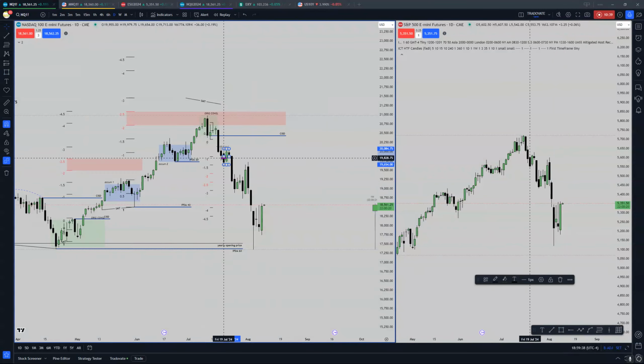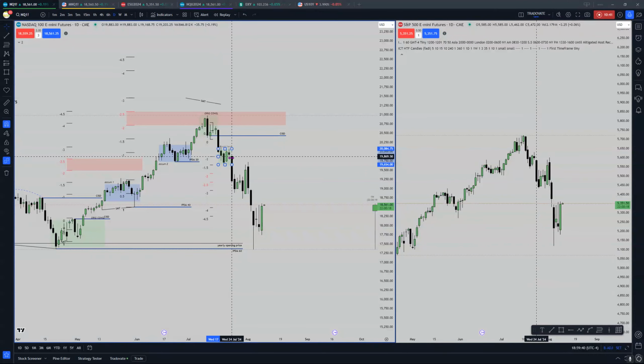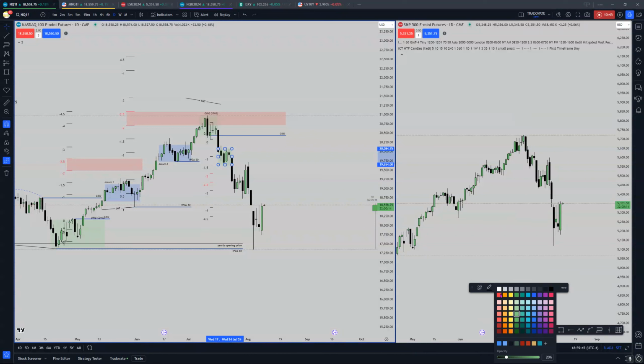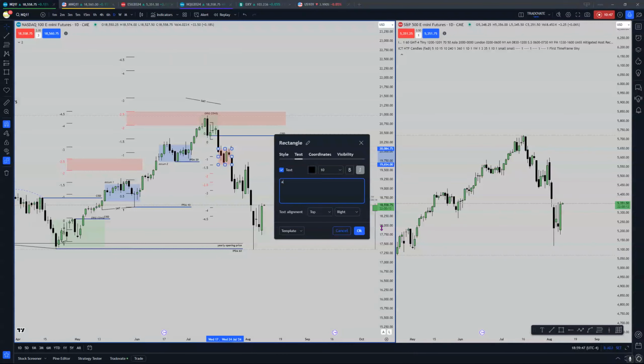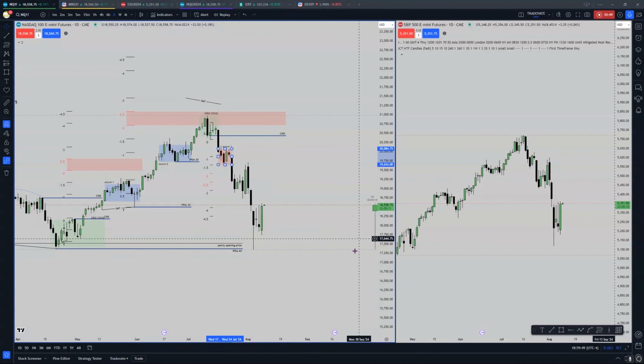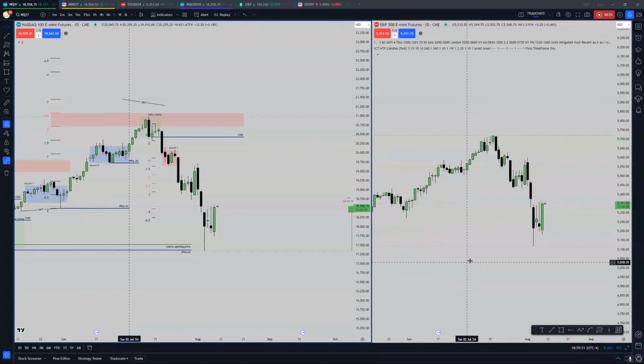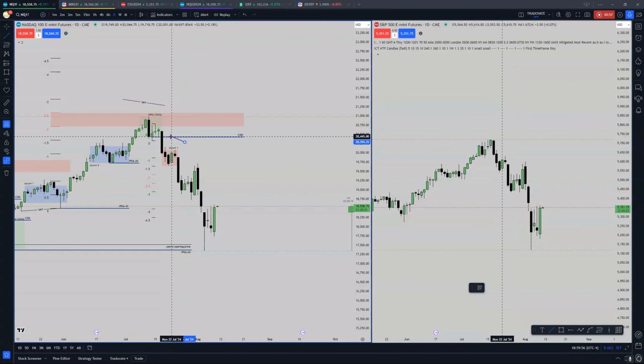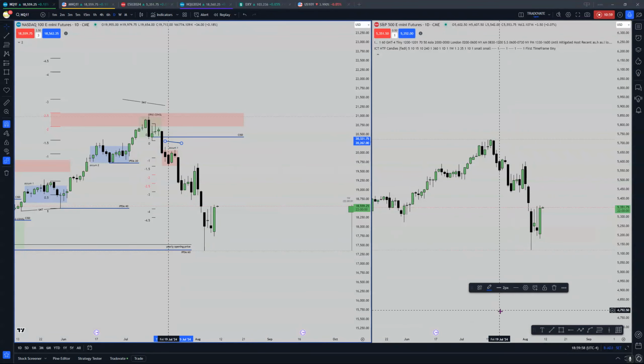So this is your first stage of accumulation right here. I'll make it red. And if I'm not mistaken, we formed SMT up here. Yeah. So ES tapped into a daily fair value gap while NQ didn't, which is a form of internal range SMT.